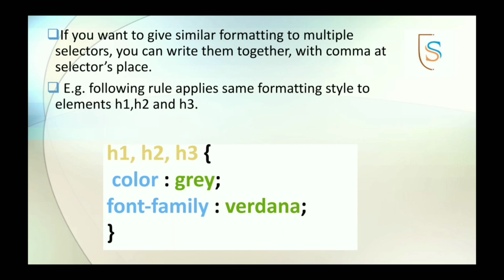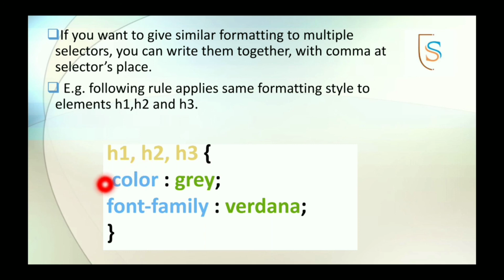If you want to give similar formatting to multiple selectors, you can write them together with a comma in the selector's place. For example, the following rule applies the same formatting style to elements h1, h2 and h3. Here we have defined all three elements separated by commas because we want this formatting for all of them.